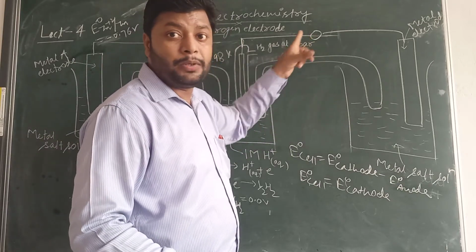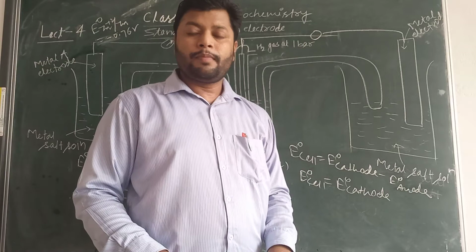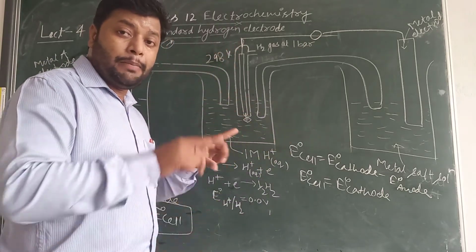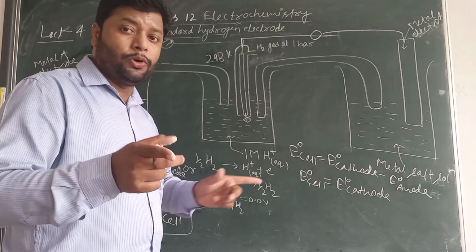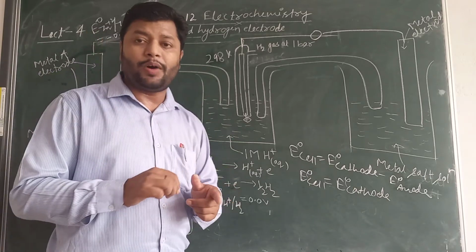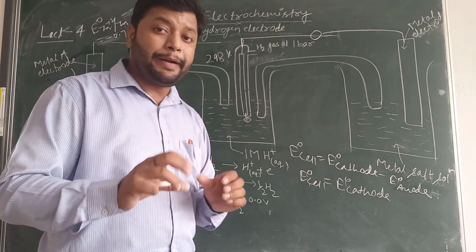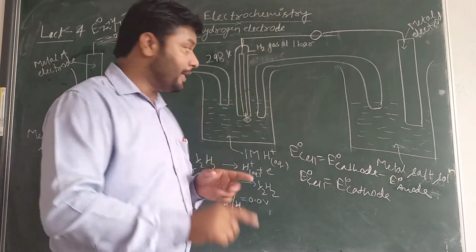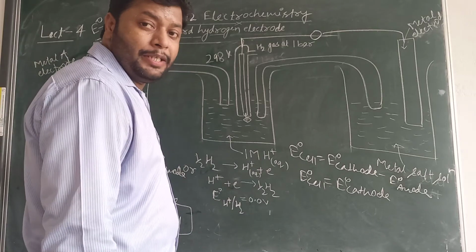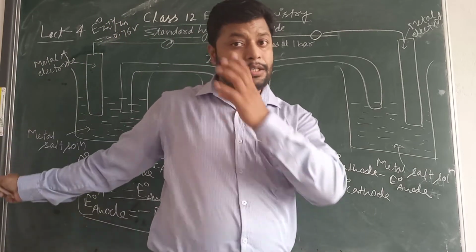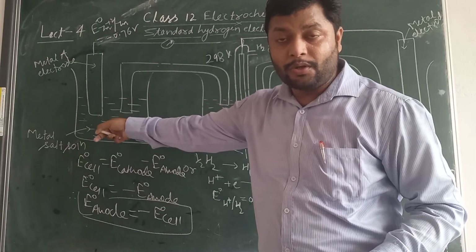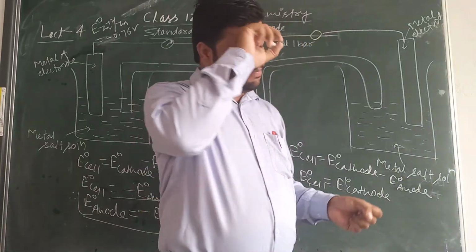The standard hydrogen electrode potential plays a crucial role in detecting the electrode potential of particular metals or non-metals. If metal A has a tendency to become an anode, the cell potential value will be equal to the anode value with a negative sign.